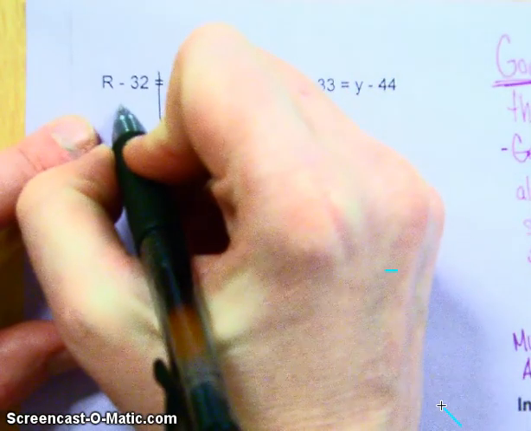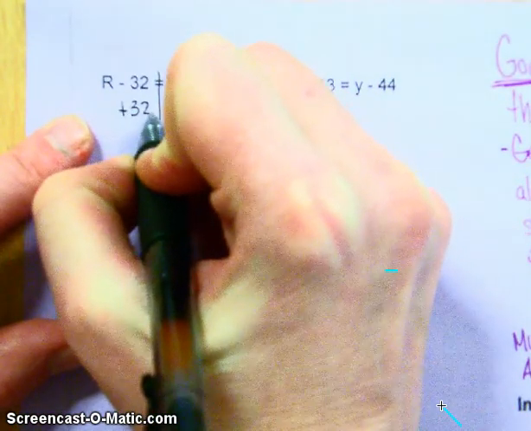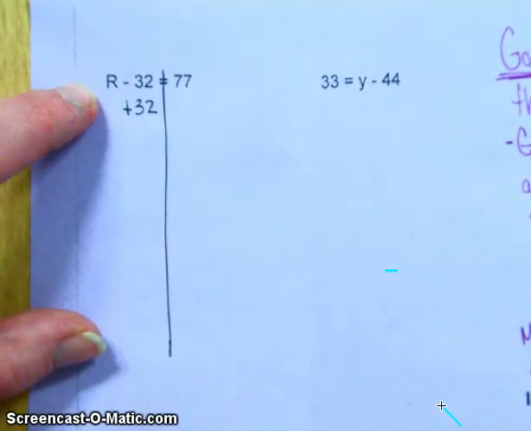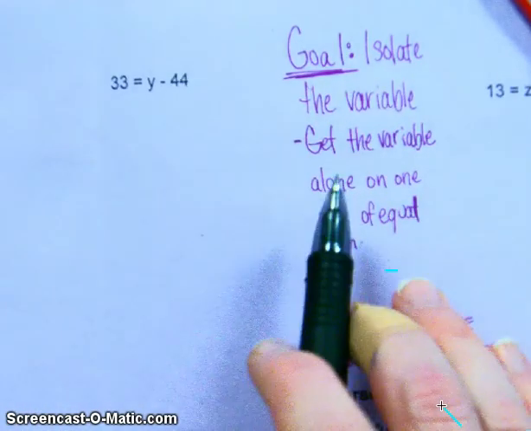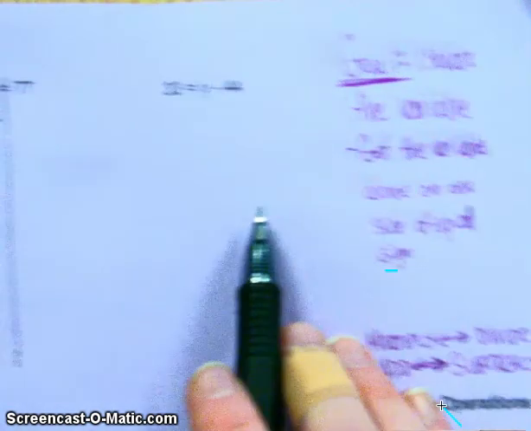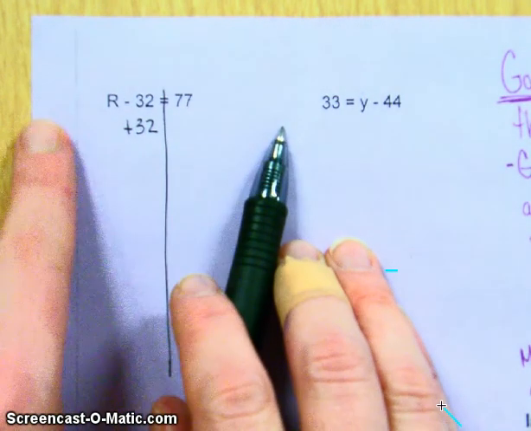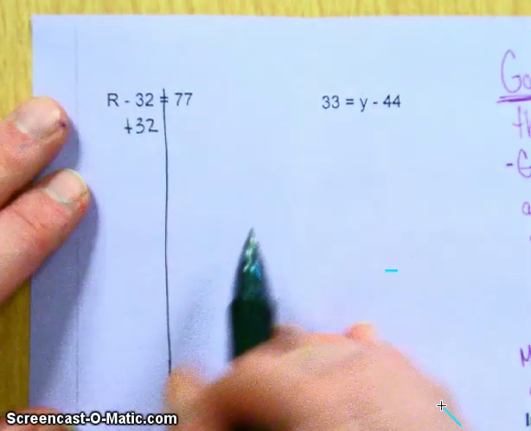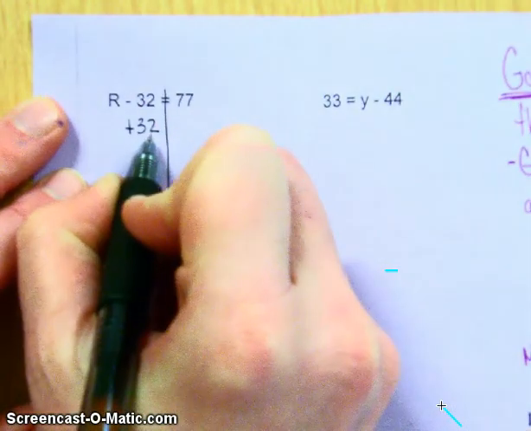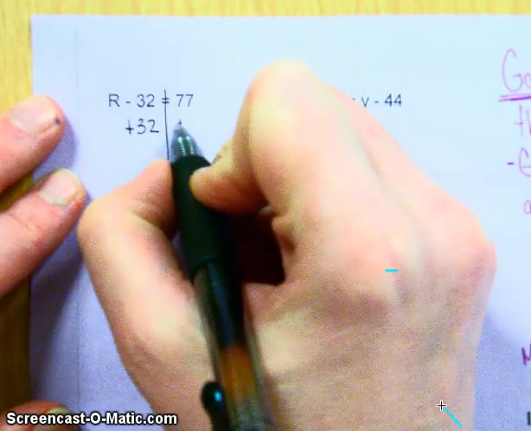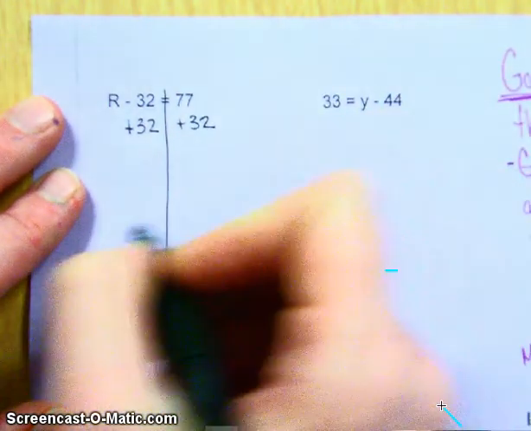So I'm going to add 32. The reason I add 32 is because it's with the variable. And remember, my goal is to get that variable isolated. We want it alone. I want all the numbers on this side. I want all the variable on this side. So if I do it to this side of the equation, then I must do it to this side of the equation as well to keep it balanced.